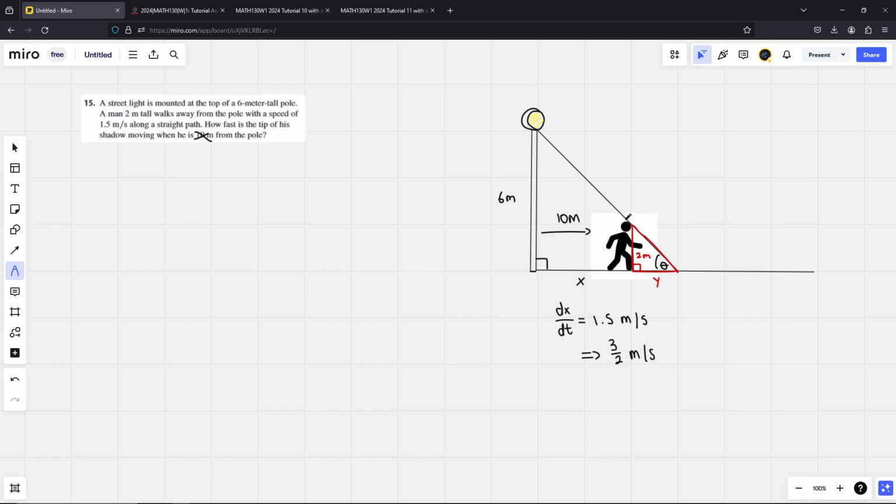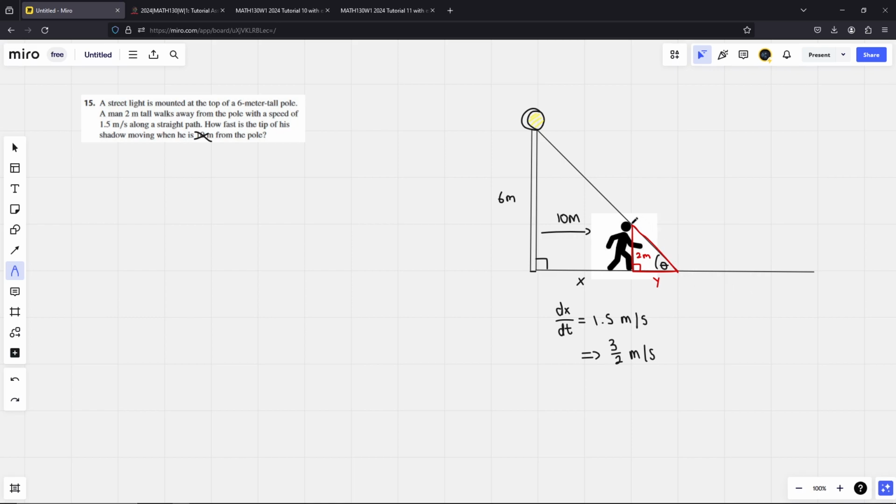Notice that when he's walking along this straight path, his shadow is going to be cast along this line, which is the hypotenuse of my smaller triangle. As you can see, I have it in red. Once again, here's my light, here's my beam of light, and as this man walks across this path, this is his shadow that's casting on the ground.